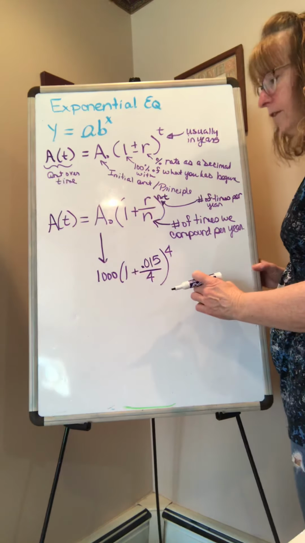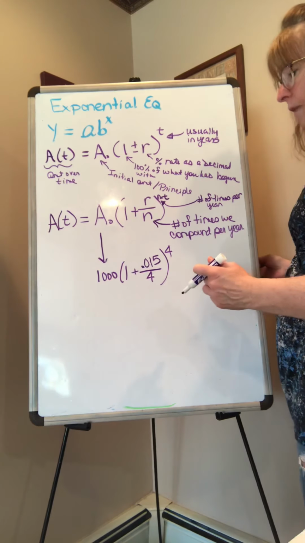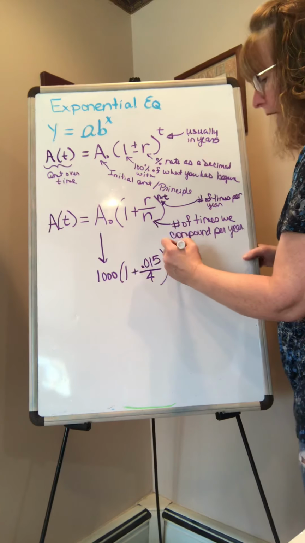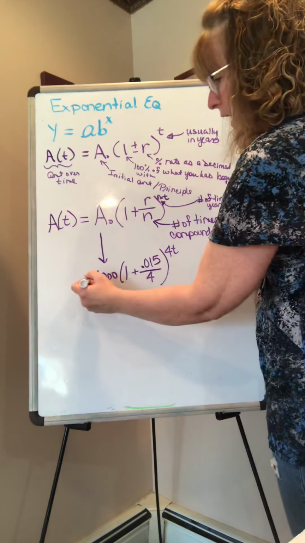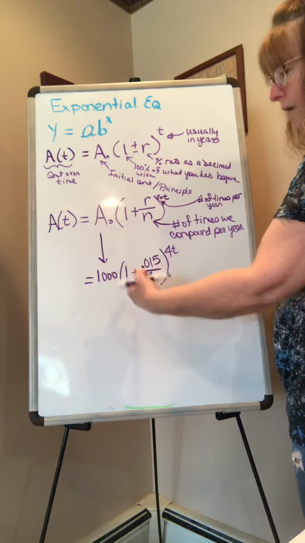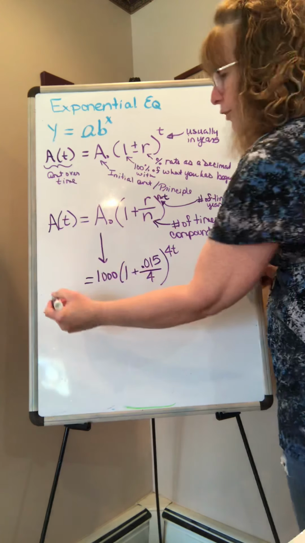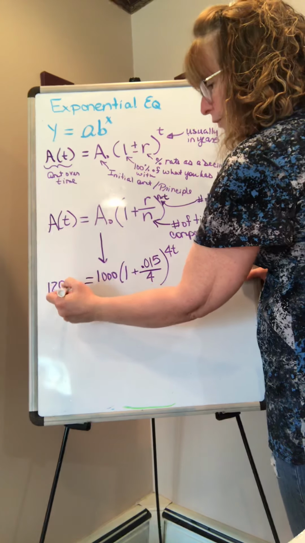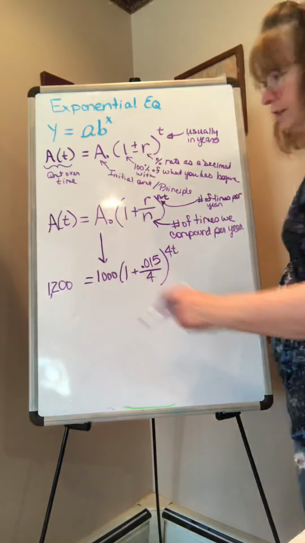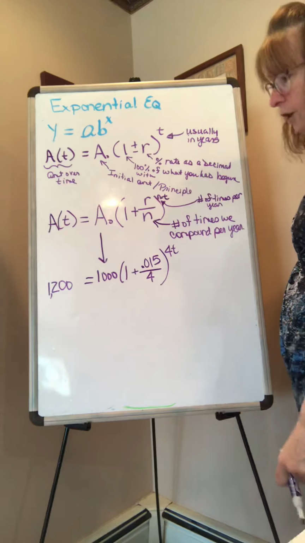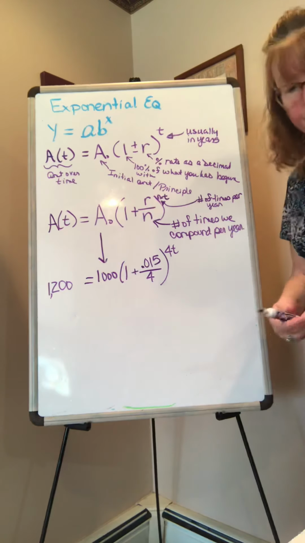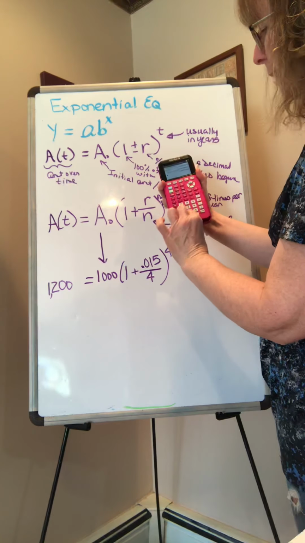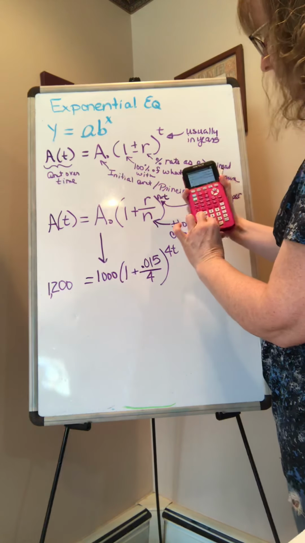And let's say you leave this money in the bank for, I don't know, how many years. You want to know how long, with just letting this compound, is it going to take for you to make $1,200. So you earn $200 in interest. So we would have to first take this 0.015. If you remember, we were really careful with taking our time.